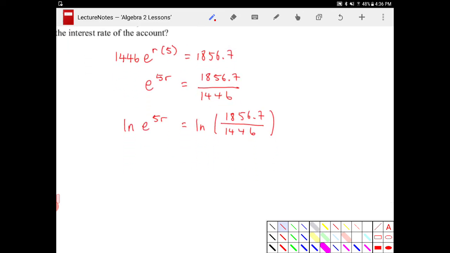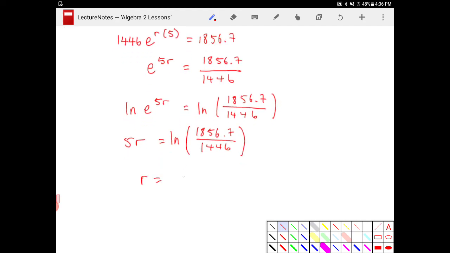According to the power rule, the 5r comes out in front, and ln of e is 1. So therefore, r is equal to 1/5 ln of 1856.7 over 1446.